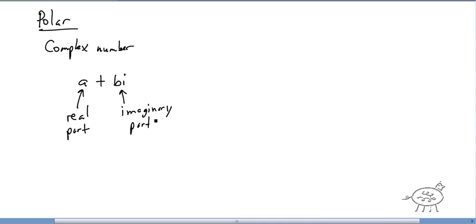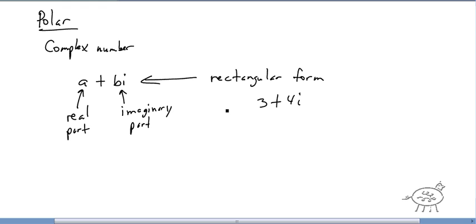All right, so first of all, we call this the rectangular form. And we're going to talk about polar form later on, but just an example is 3 plus 4i. That's 3 plus 4i. That's a rectangular form of a complex number.